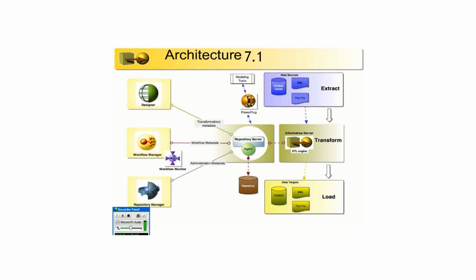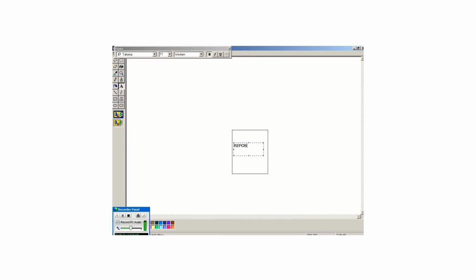Then it has two different servers, repository server and Informatica server. And from the client perspective, it has Designer, Workflow Manager, Workflow Monitor, and the Repository Manager. So under this repository, it will store its system tables, that is Informatica system tables.